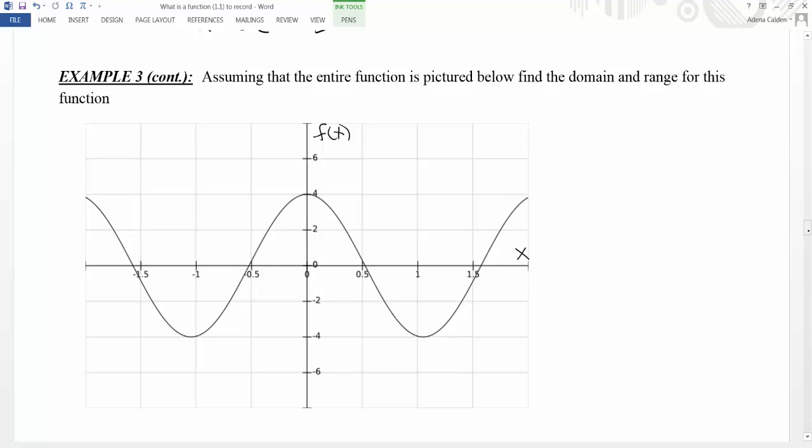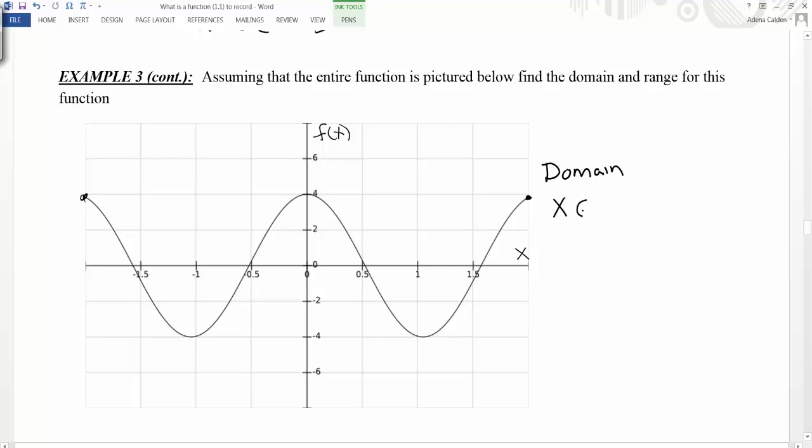So let's start with the domain. The domain is all the possible x values. So here, my x values start at -2, and then they continue going. My function continues all the way until I get to the other endpoint, which is at x equals 2.